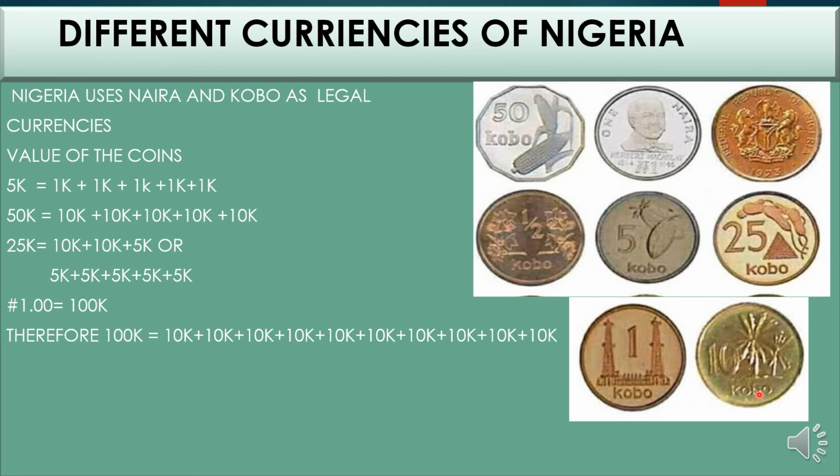So you can imagine coming with 10 of these, and I'll just give you 1 of these, 1 naira. Isn't that wonderful? Now let's look at another way that we can get our 100 kobo that will give us 1 naira.